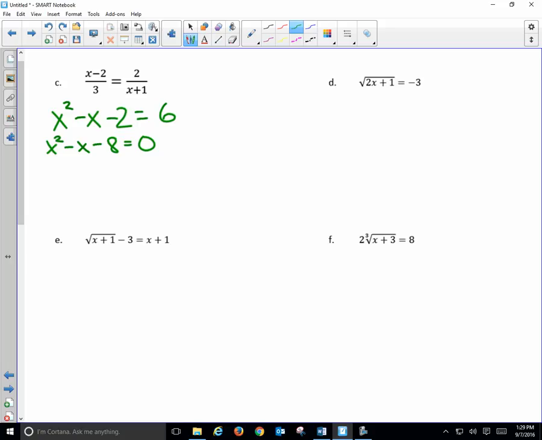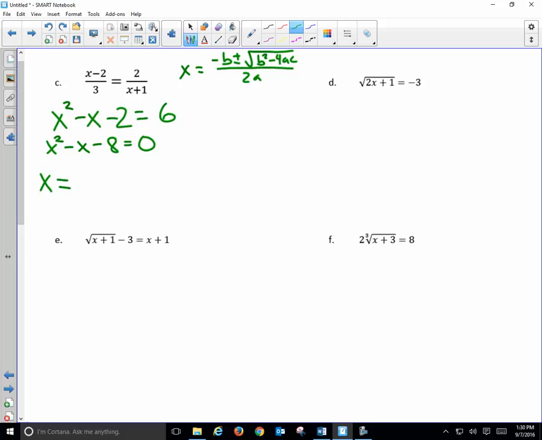CTS or how about quadratic formula? If you like complete the square, go ahead. I'm much faster at using the quadratic formula. So that's what I'll choose to do.